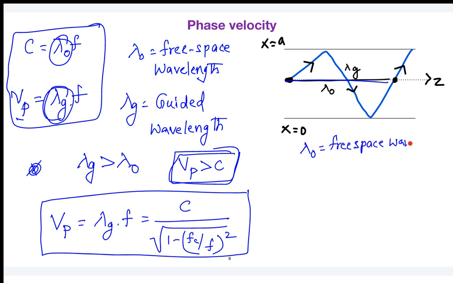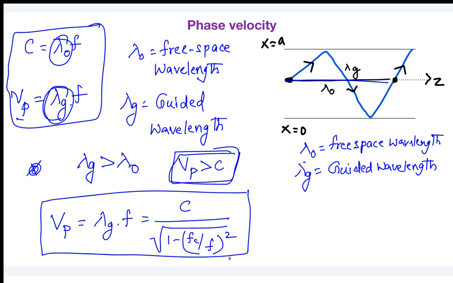That means when you don't have any waveguide, the distance traveled by the wave in free space to undergo a phase shift of 2 pi radians is lambda naught. And lambda g is called the guided wavelength. That is the distance traveled by the wave inside the waveguide to undergo a phase shift of 2 pi radians.